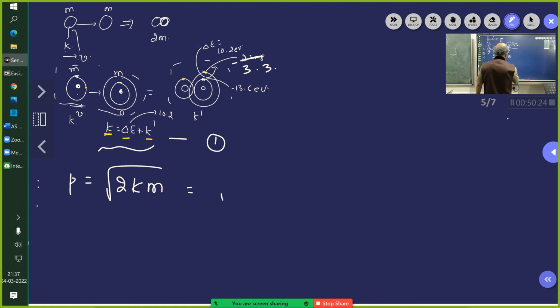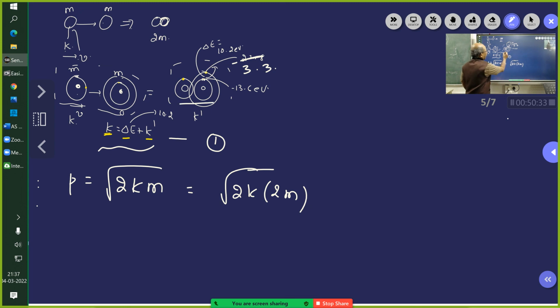So this becomes root of 2K into 2m, because both of them are going to collide and move together. Hello friends, are you with me? Yes, sir. So therefore now, from this equation, can you get the relation between K and K dash?